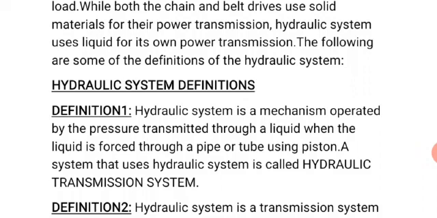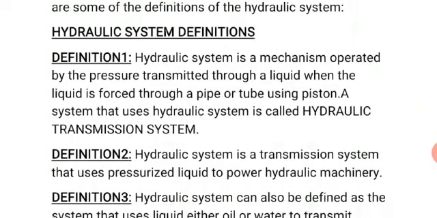The pressure inside the liquid now goes to the other end of the pipe in order to apply power and magnify that power to cause the lifting of any load or any work you want to apply the hydraulic system to. And that is how it works.